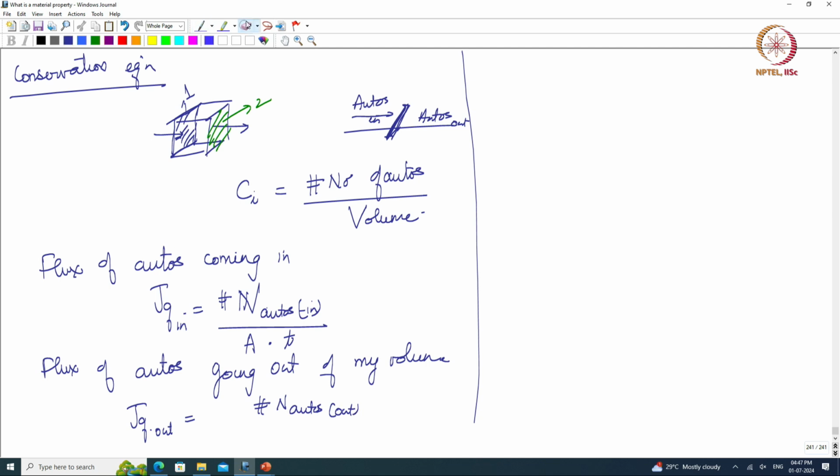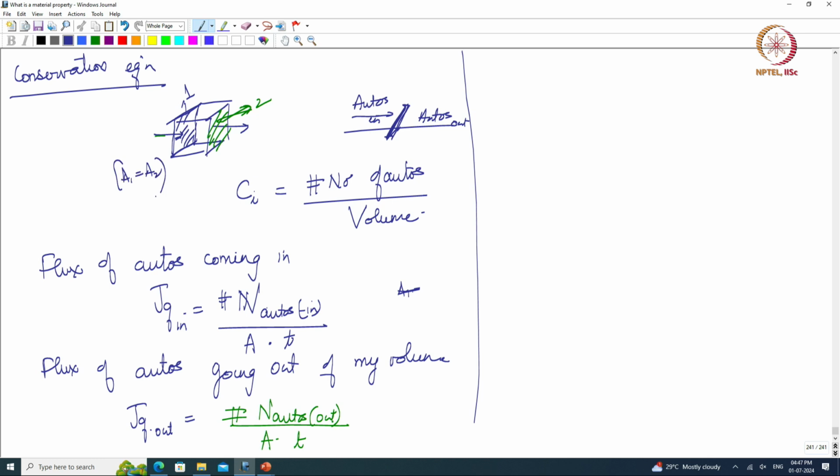So, I am going to write this in green. So, this is coming in, this is going out, divided by again A times T. This time A is that of A2, this is A1, but the way we defined it, A1 equals A2. So, here I am just going to write that A1 equals A2.